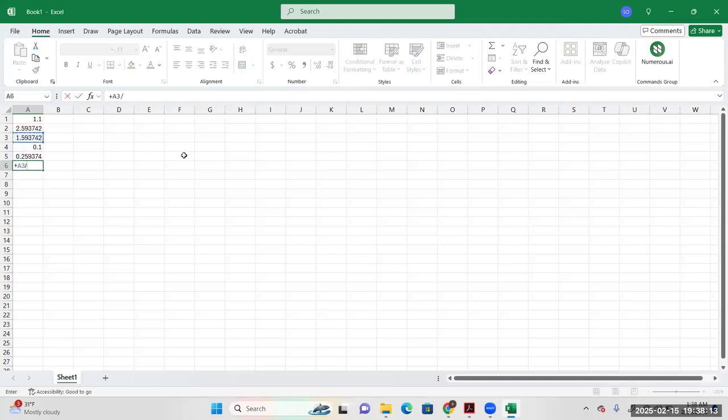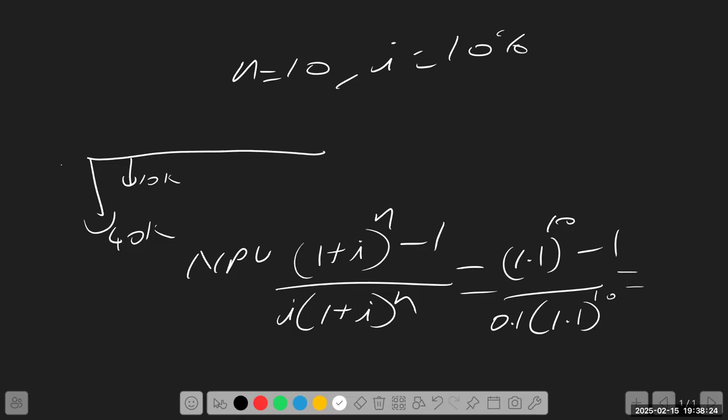So this divided by this, how much? 6.144. That multiplied by 10,000, right?